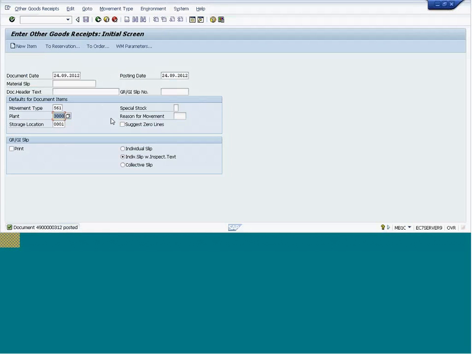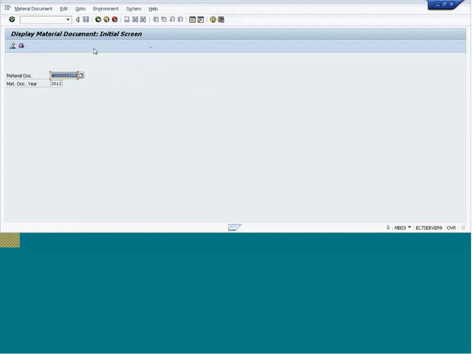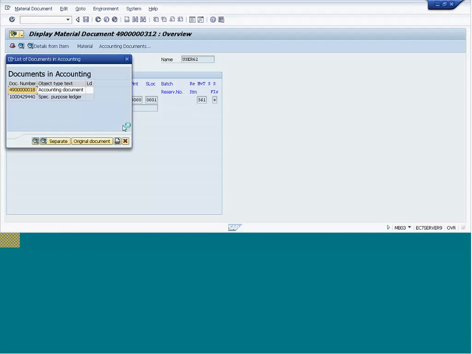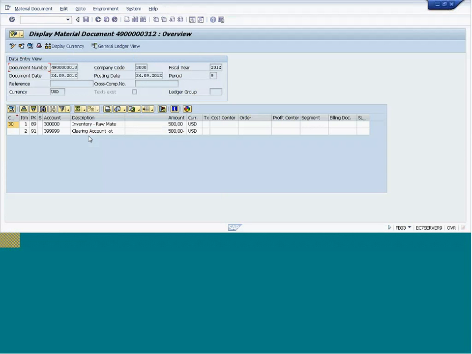So now how much is the total inventory in your stock? It is 20 quantity, right? But the value, the moving average price, would be, if you go and see, in MB03, I'm just going here and looking at that accounting document. Again, there is no variance at all, right? So just $500 as it is taken.